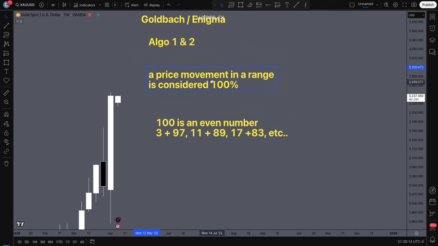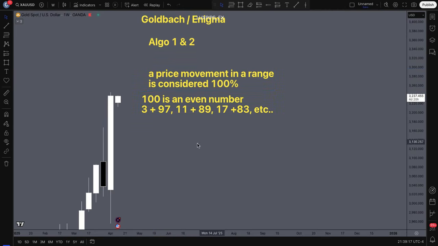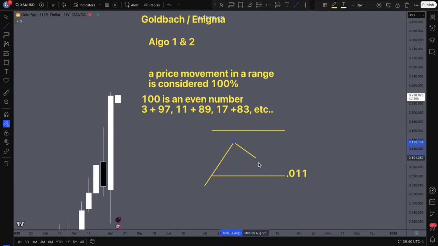To give a small illustration, basically, in a Goldbach dealing range, when we see price at, let's say, an 11, we can expect the price from 11 to go all the way up to the 89.